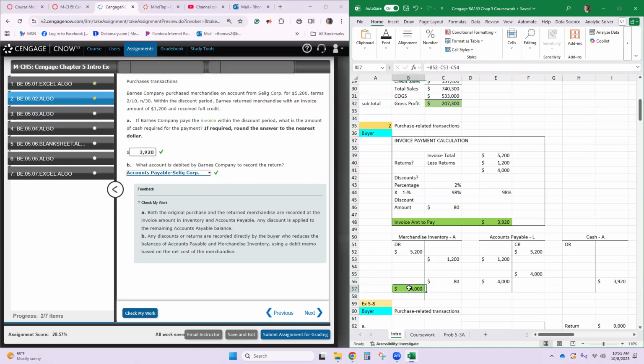And now our merchandise inventory has a different balance. So it has 5,200 minus 1,200 minus the $80 discount. And now our merchandise inventory is worth what we're just about to pay cash for. Yep. Okay, that's all I've got.